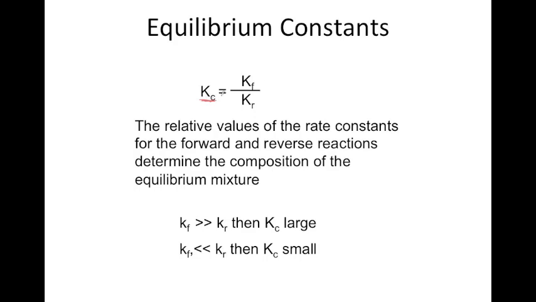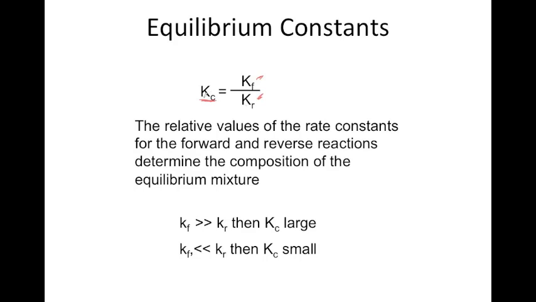The reason for that is because the rate of the forward reaction is much faster than the rate of the reverse reaction. So if you have a large Kc, then the rate constant, and therefore the rate of the forward reaction, is much larger than the rate constant, and therefore the rate of the reverse reaction. So that gives you a high buildup of product relative to reactants.